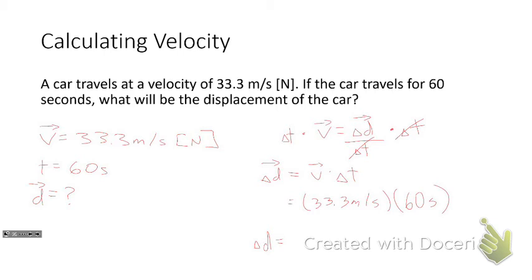So you guys should have your calculators out and doing this on your own to make sure you get the right answers. So if you multiply that, we get 1,998 meters. Am I done here?